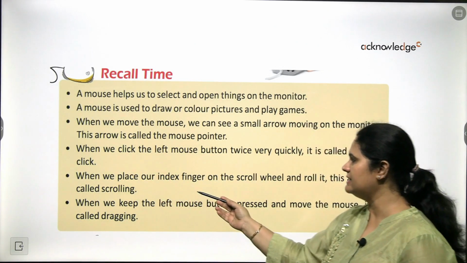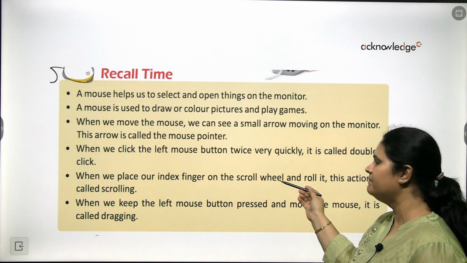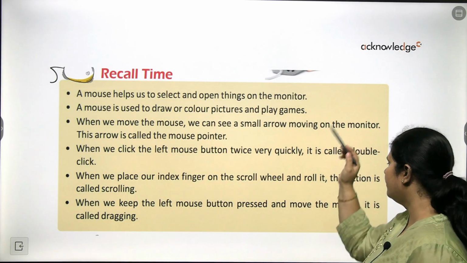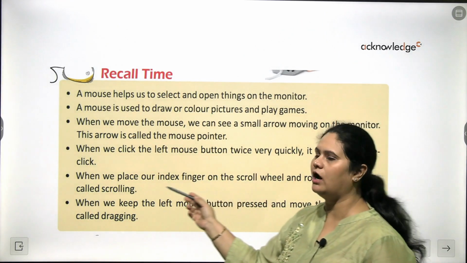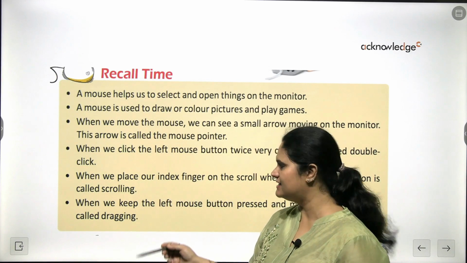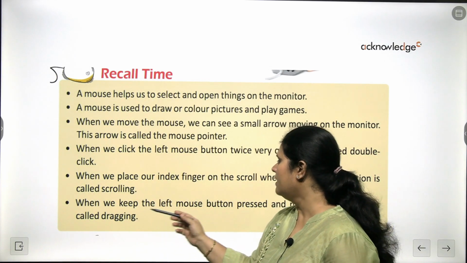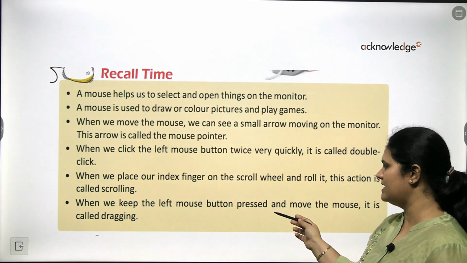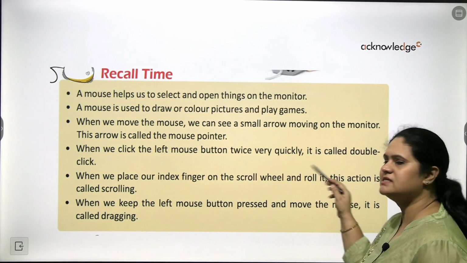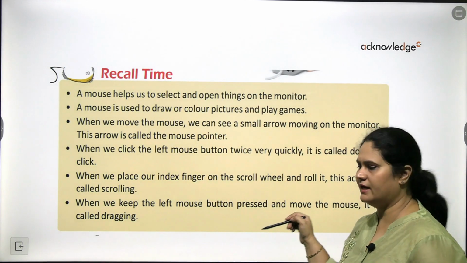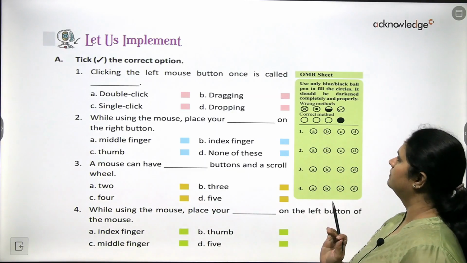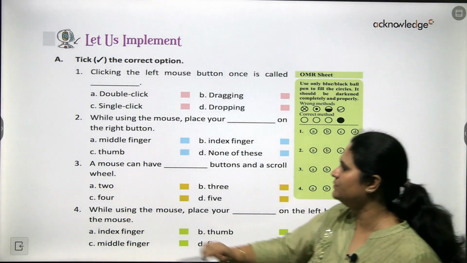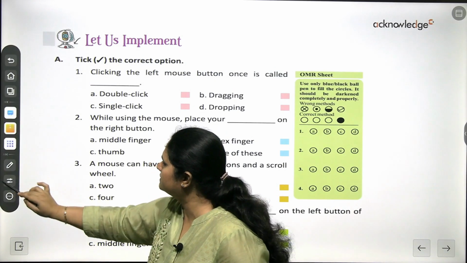And when we place our index finger on the scroll wheel and roll it, this action is called scrolling, right? When we keep the left mouse button pressed and move the mouse, it is called dragging. Right, children? Let us start doing the exercises.